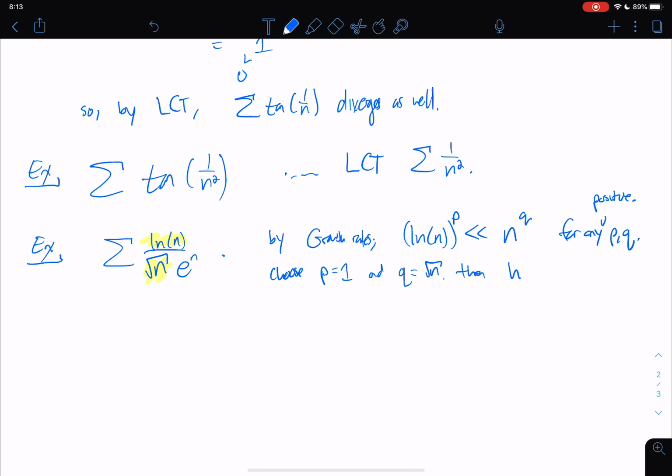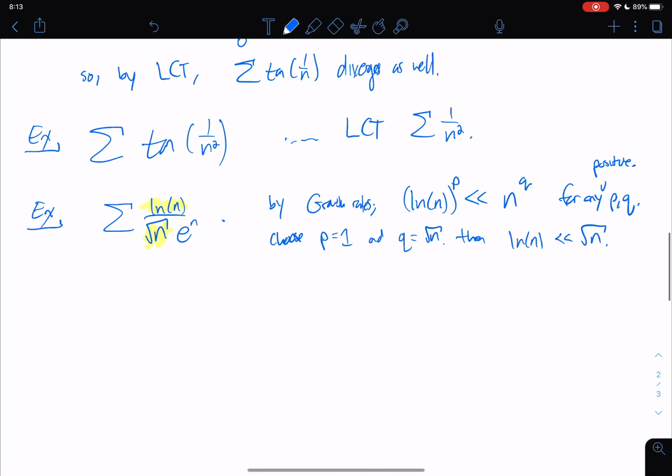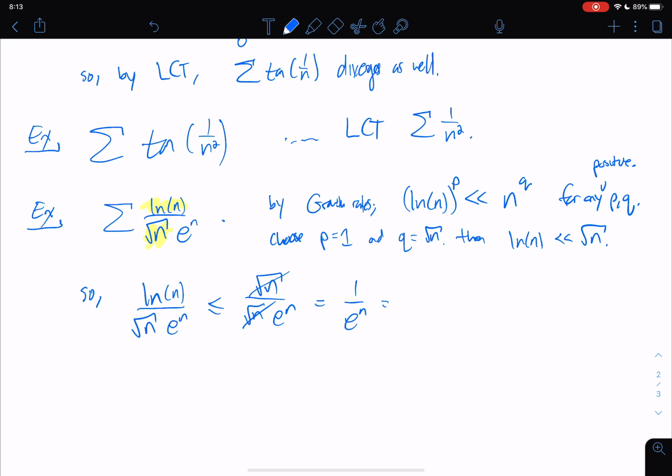What we're going to do is witness that the ln of n is eventually dominated by the square root of n. So what that means is that ln of n over the square root of n e to the n is eventually less than or equal to square root of n over the square root of n e to the n. These cancel, and I'm left with just 1 over e to the n.